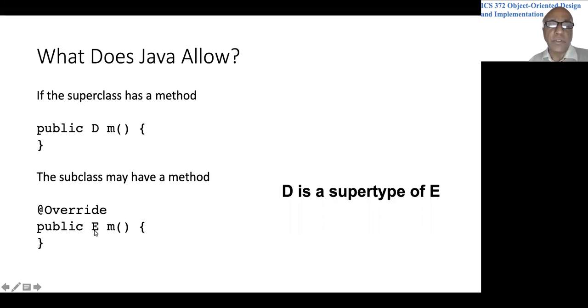But the return types would be exactly like LSP. If E is a subtype or a subclass of D, then that is acceptable.